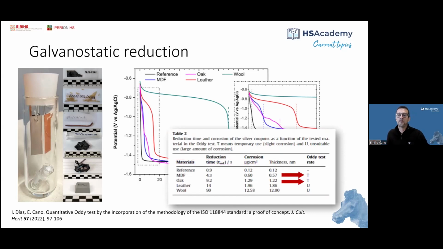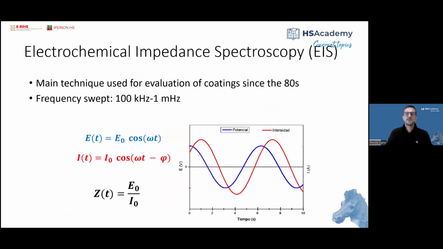And we can, for instance, distinguish, you see with the red arrows, two different materials, MDF board and oak wood, that were visually rated with the same temporary rating. We can distinguish very clearly between them and see, for instance, that the oak produces about double the corrosion that is produced by MDF. So these are just two quick examples of galvanostatic reduction.